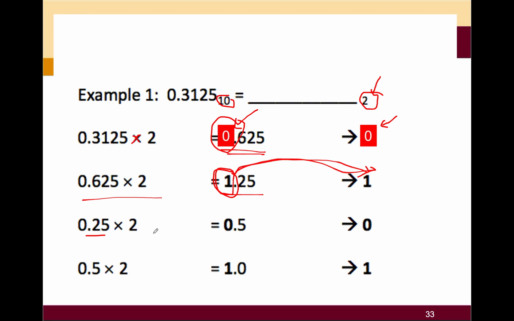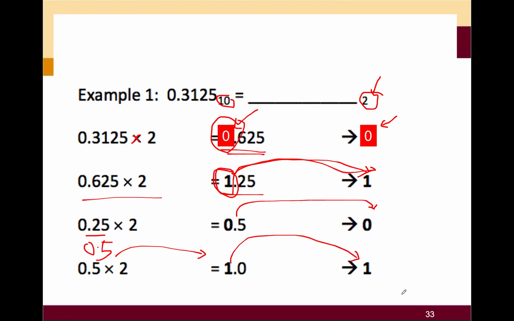So over here you will get 0.25 times 2, and your answer is 0.5. So you will drag your 0 here, and you get the balance of 0.5 also. Then you multiply it, you get 1.0, and you drag 1 to here.